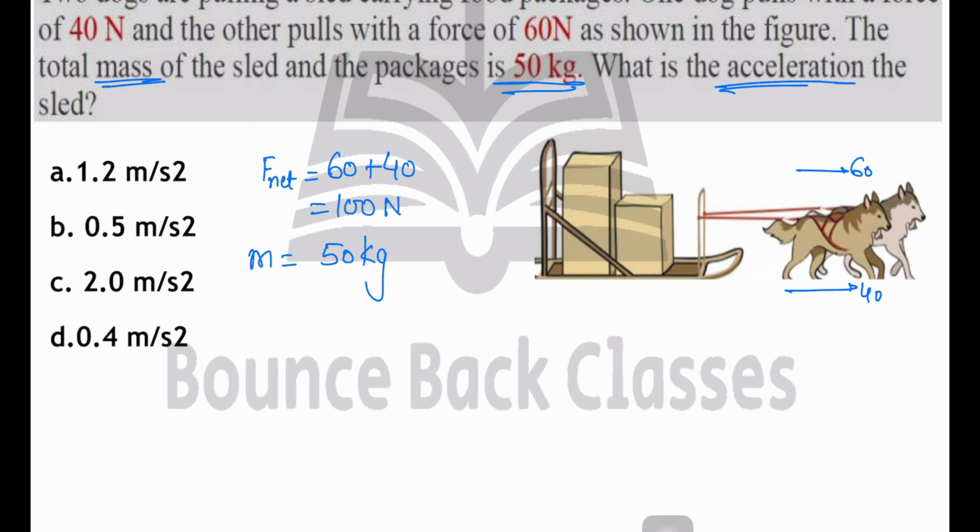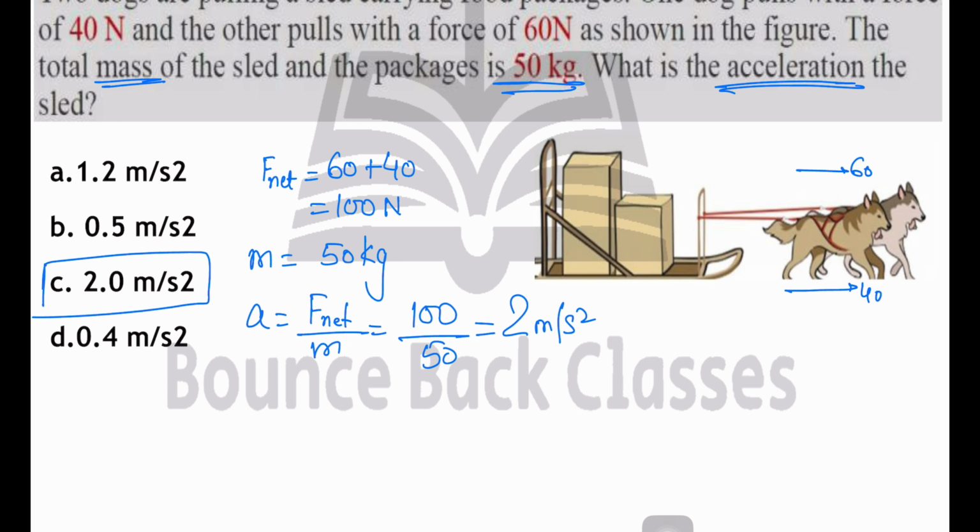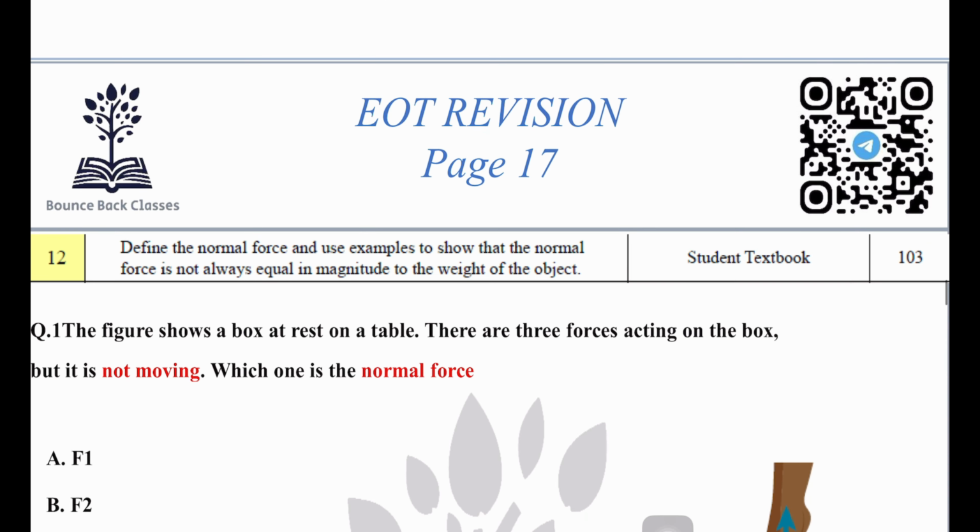What is the acceleration? a is equal to F net divided by mass, 100 divided by 50, which is 2 meter per second squared. Clear? Easy? Okay, now move to the next question.